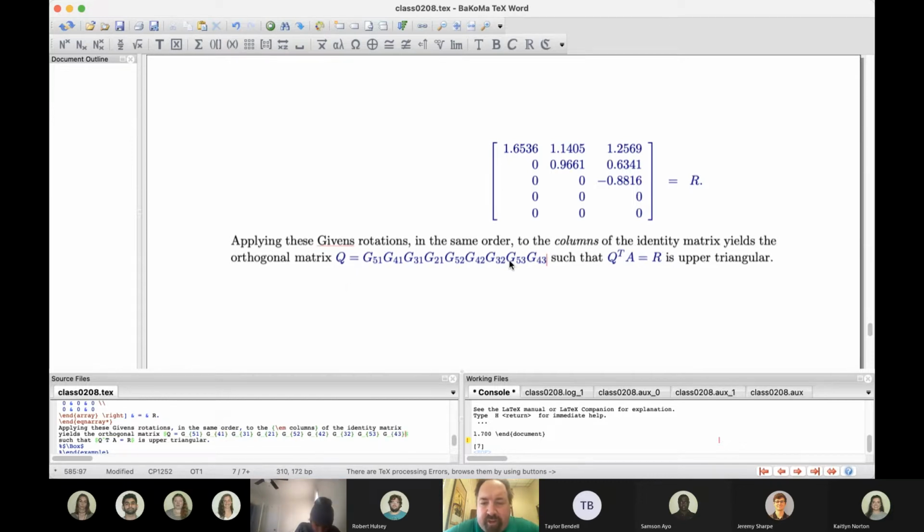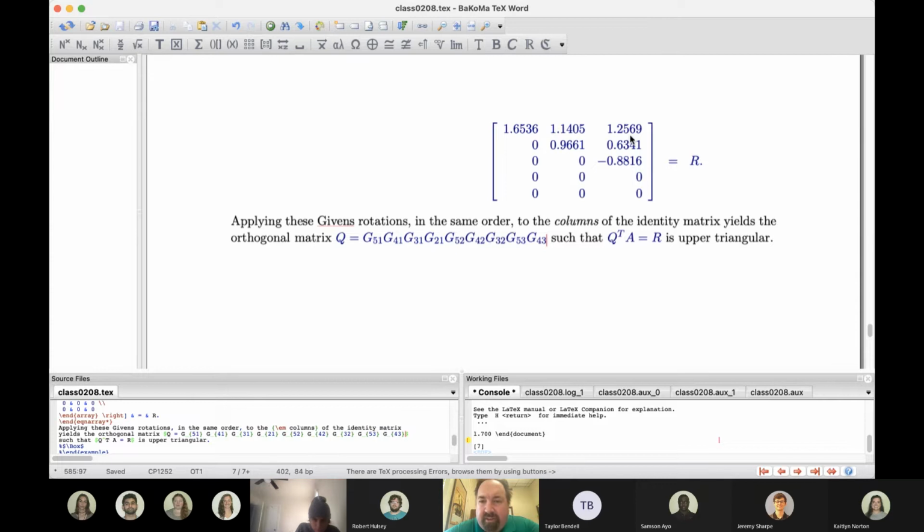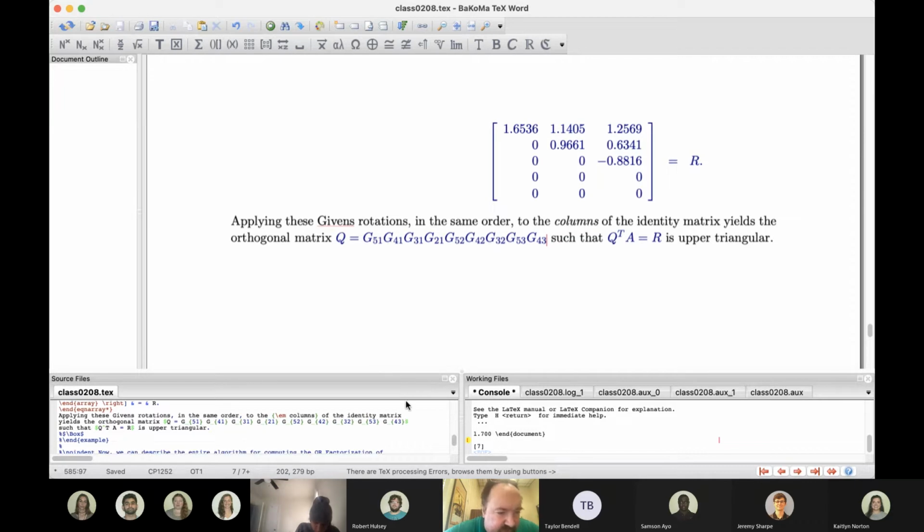So multiplying them together in this order gives you a matrix Q so that A is equal to Q times R, where R is this upper triangular matrix.